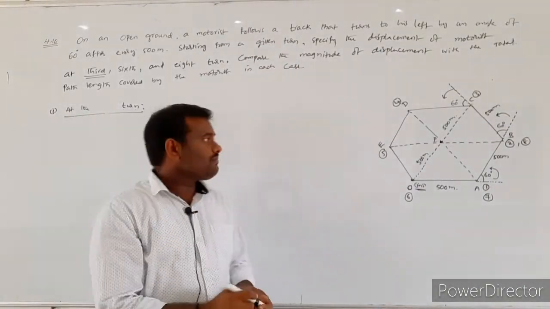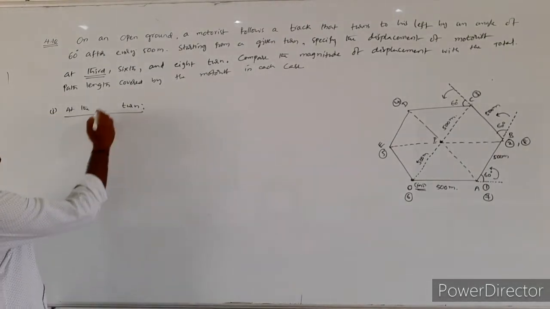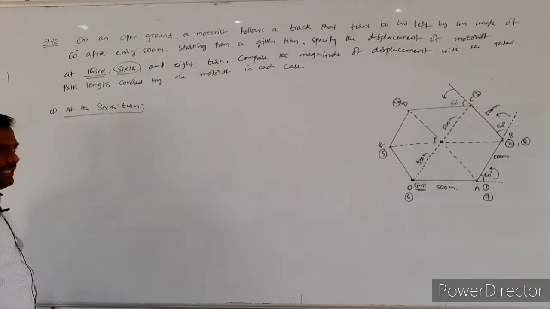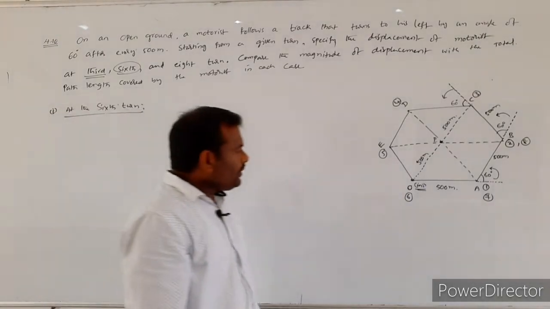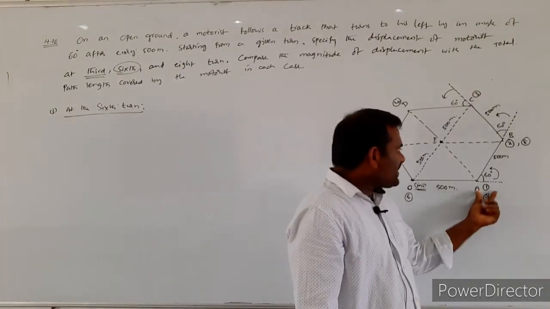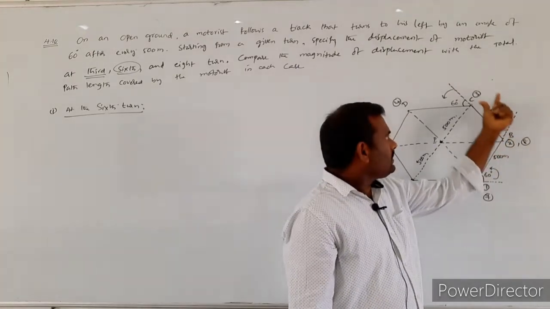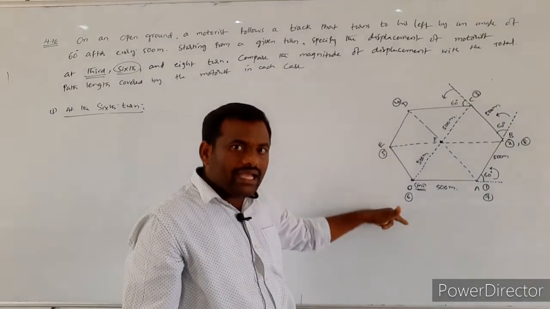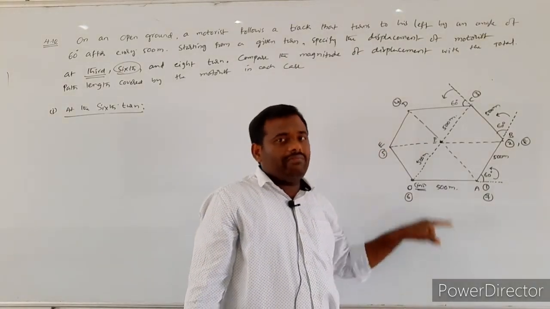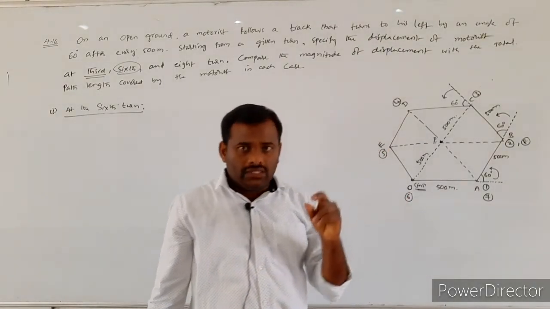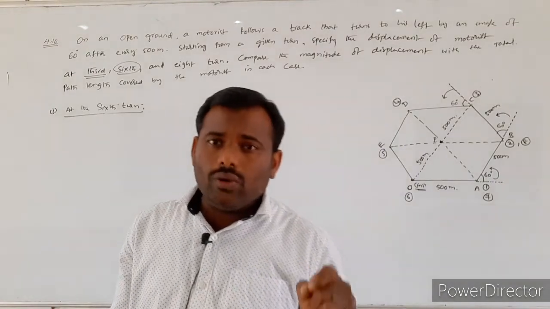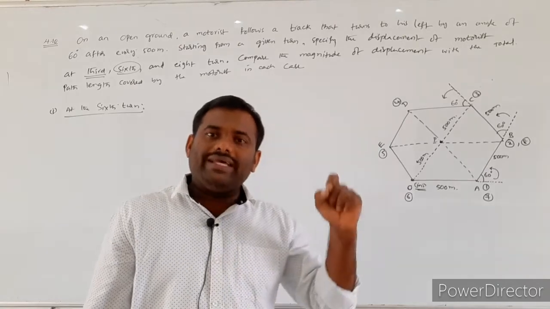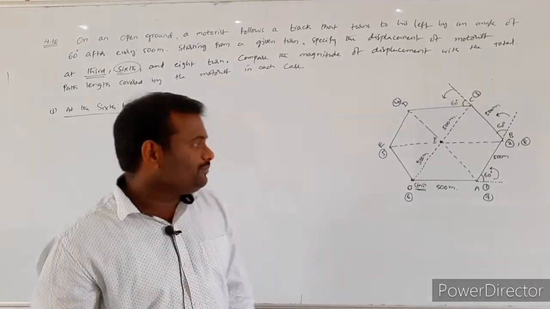So this is the first case for the third turn. Next, case 2. Case 2 is at the sixth turn. Look at the diagram. First turn, second turn, third turn, fourth turn, fifth turn, again. The sixth turn will coincide with the point O where the motion was started.